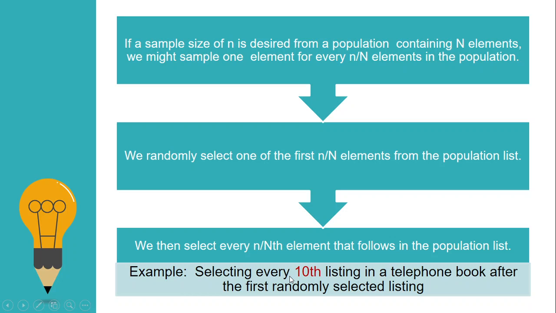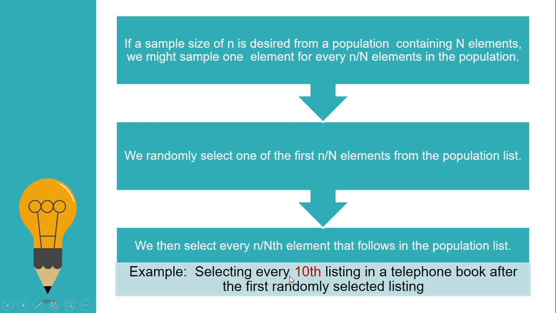If a sample size of n is desired from a population containing N elements, we take a sample of one element for every Nth element in the population. The whole population that I mentioned before, 200 or 100, is the capital N. The small n is the mentioned interval of the population that we will choose.